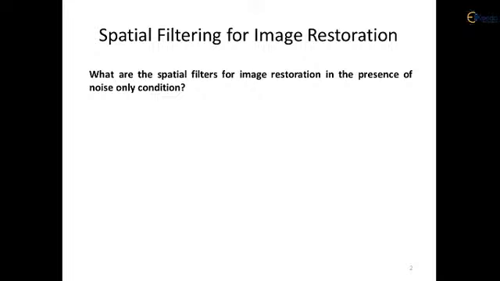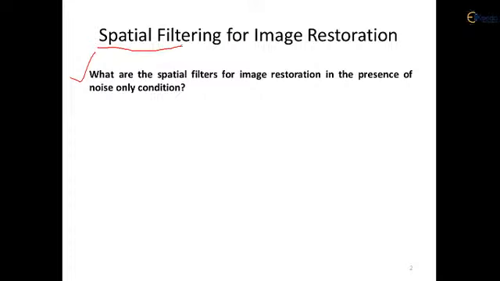Sometimes the questions may be limited to a specific portion of the spatial filtering as well, and that will of course be covered in such a question. What are the spatial filters for image restoration in the presence of noise only condition?